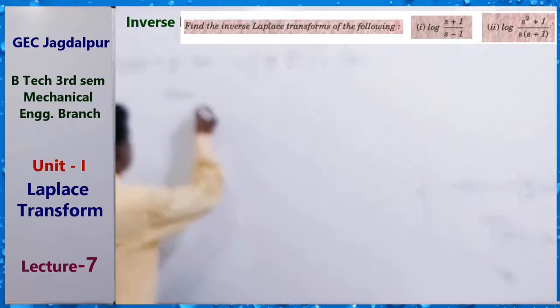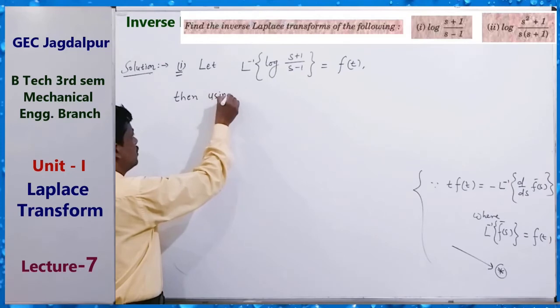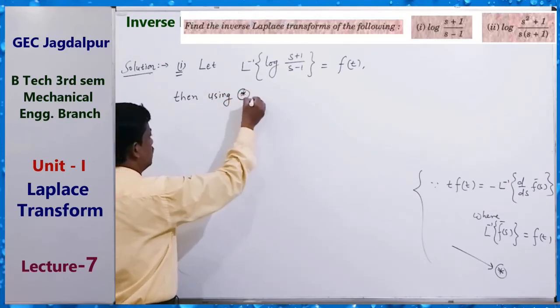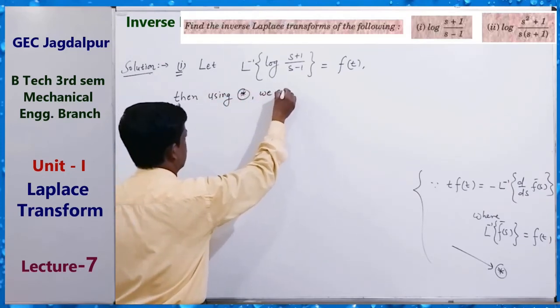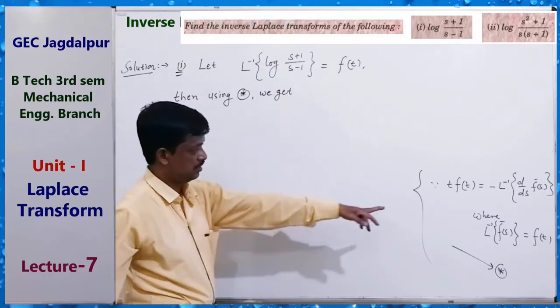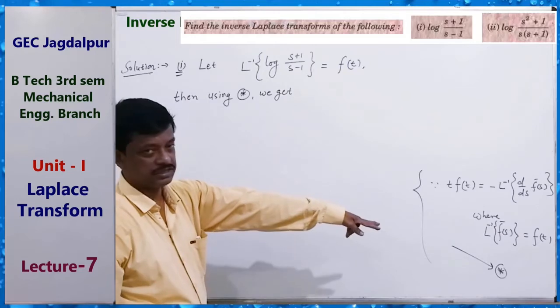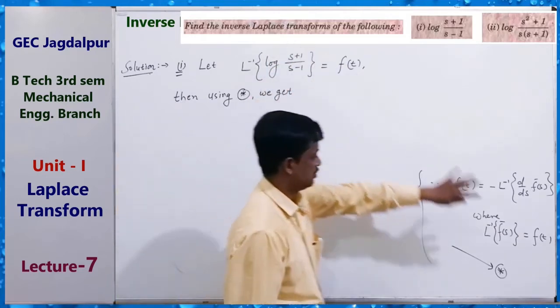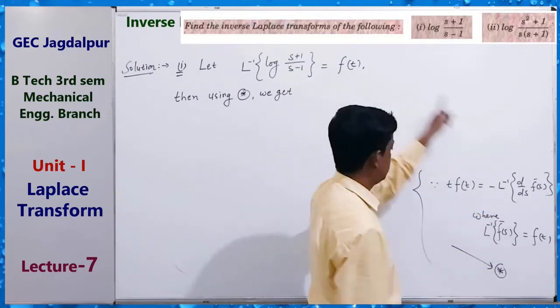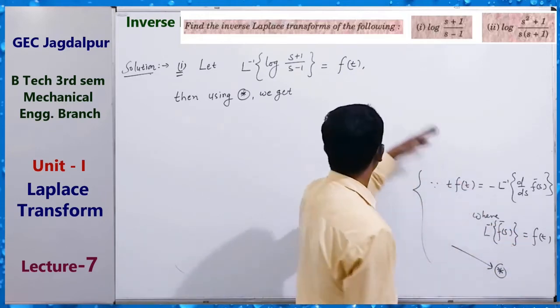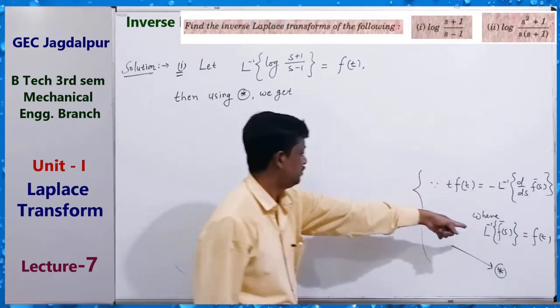So then using star we get, you have to write this formula for solving this question. Using this, this is F(s) bar, and this is f(t). We have to find f(t). Now, using this, if this, then this.